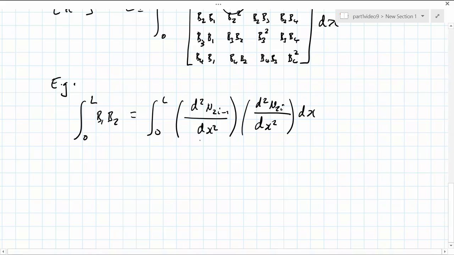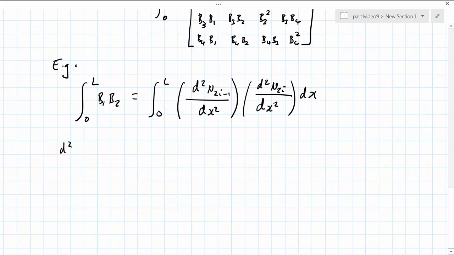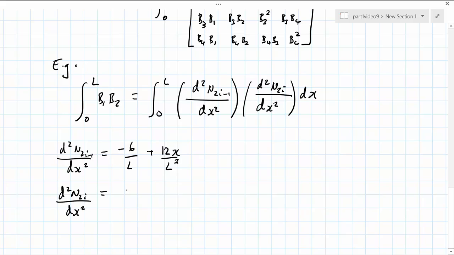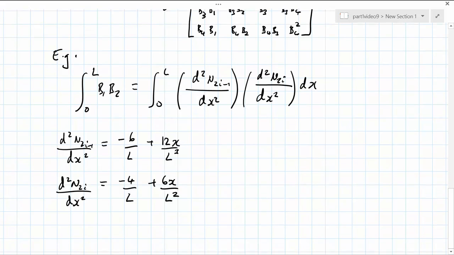If we perform these differentiations on the shape functions that we derived last time, we get d2 n2i minus 1 by dx squared equal to minus 6 over L squared plus 12x over L cubed, and d2 n2i by dx squared is equal to minus 4 over L plus 6x over L squared.